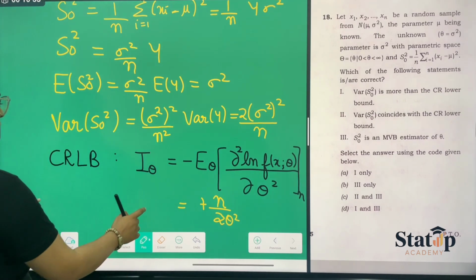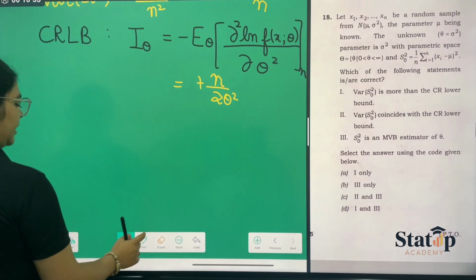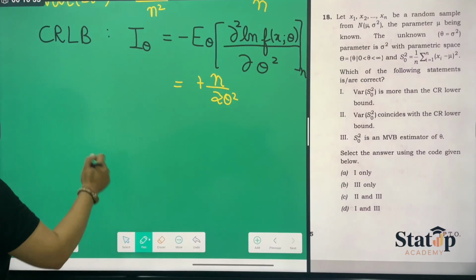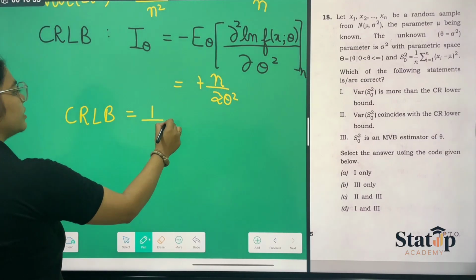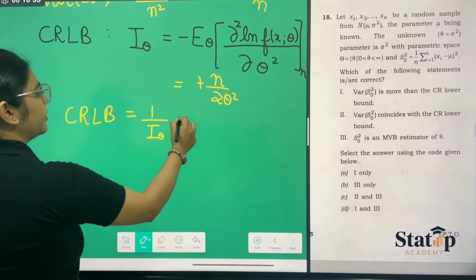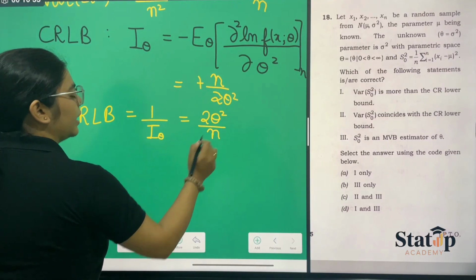Now, if we have to calculate the lower bound, CRLB, the Cramer-Rao lower bound has the formula 1 upon I(theta), which is equal to 2 theta square upon n.